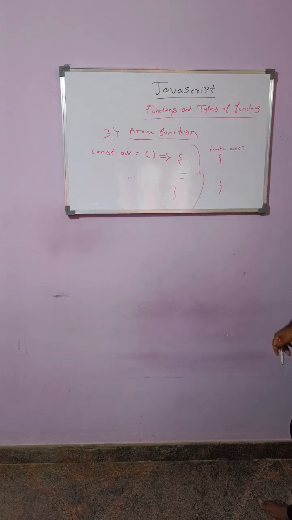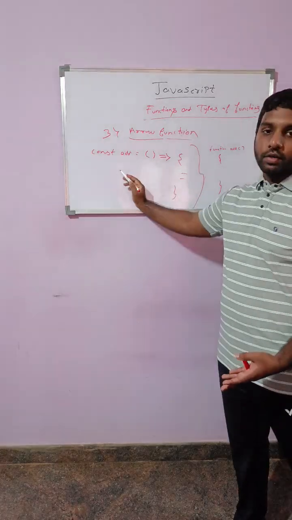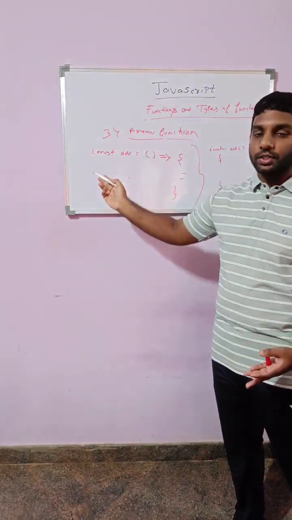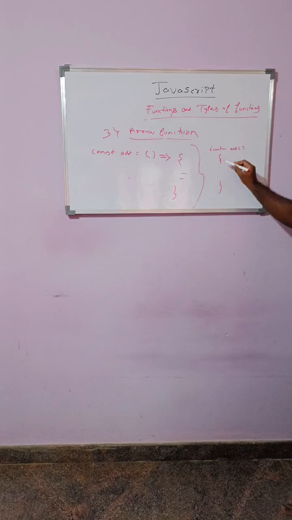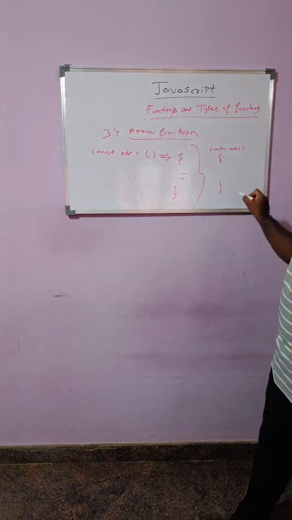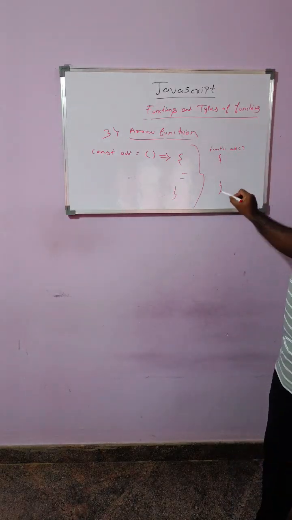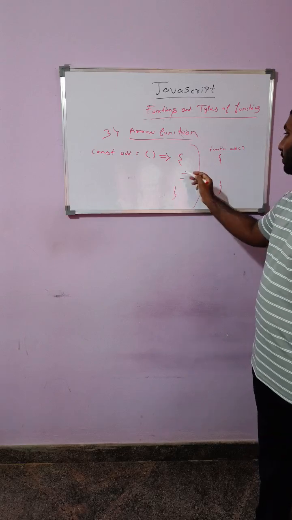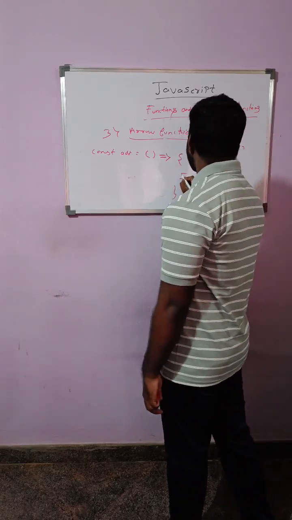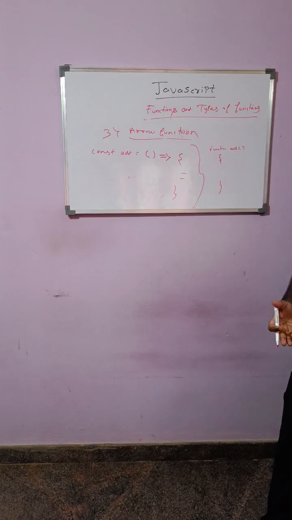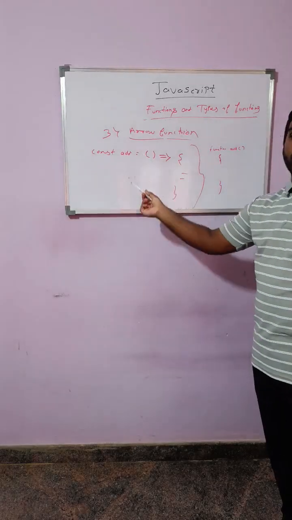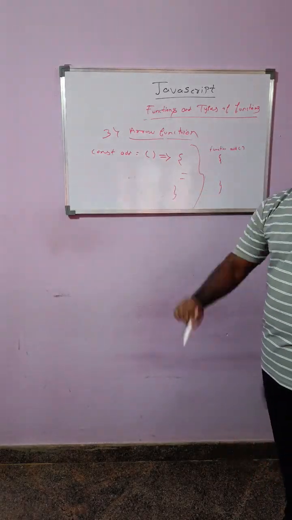It is the same thing. This is the shortest way of writing a function, along with the function expression. So this is how you write a regular function, and this is what is the same as this, performing some task like an add function. This is how you write an arrow function.